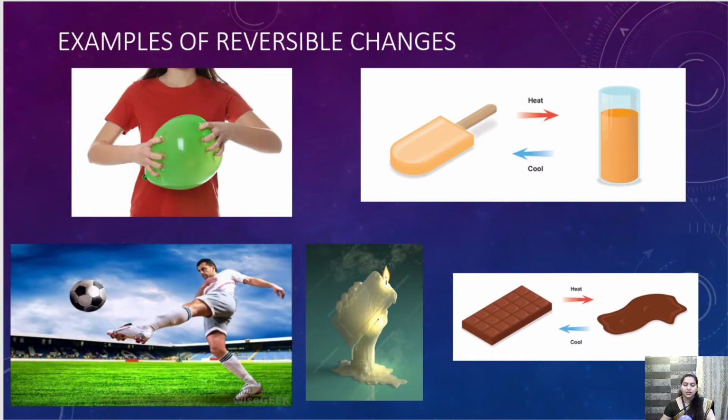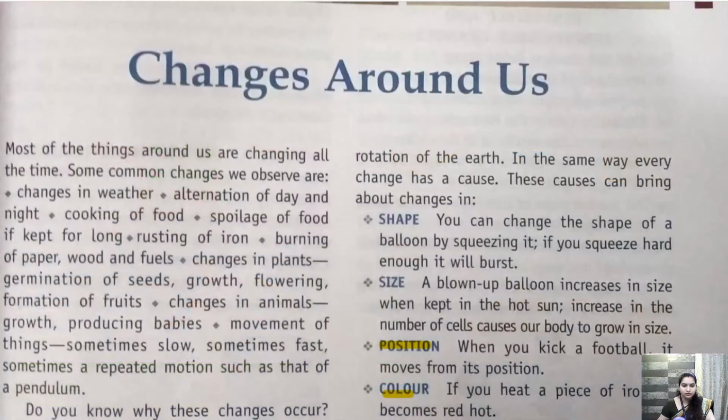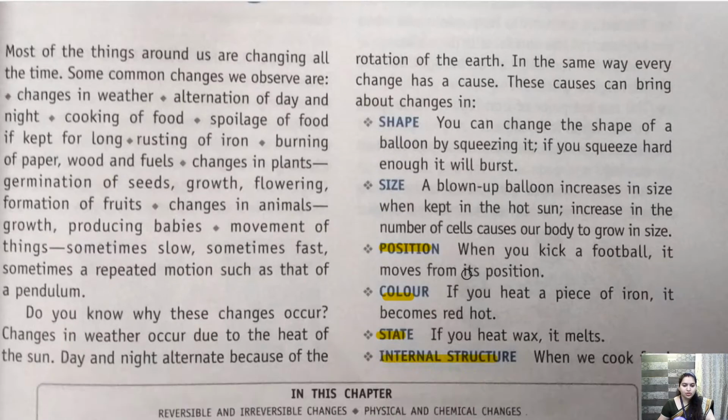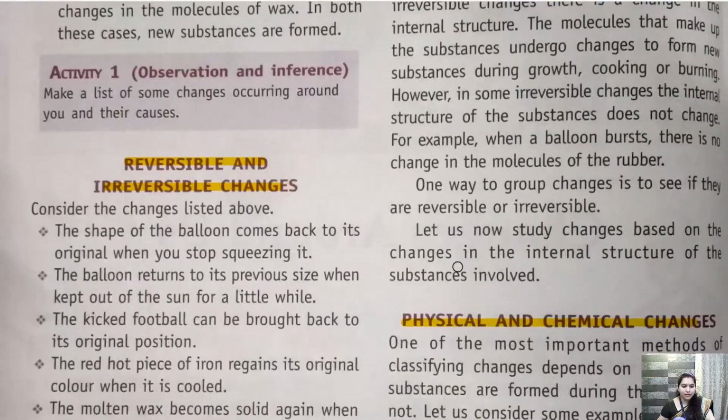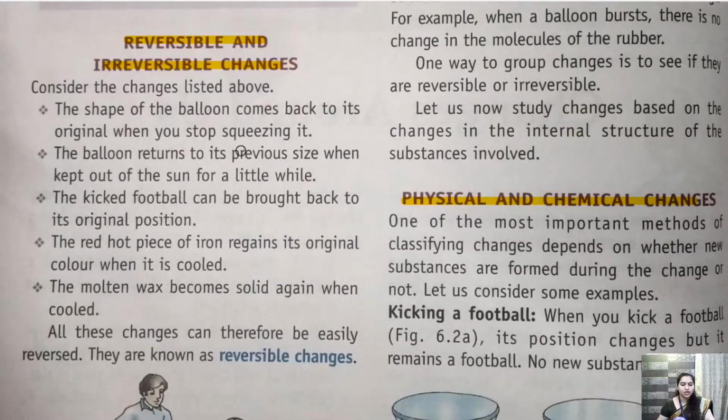Okay. Let's come back and see what is written in the chapter about reversible change. So this we have done. Now coming on to reversible change. So there are a few examples given. First is the shape of balloon comes back to its original when you stop squeezing it.